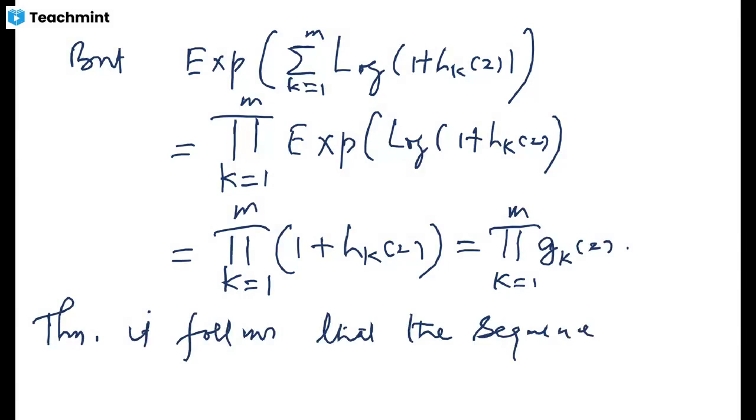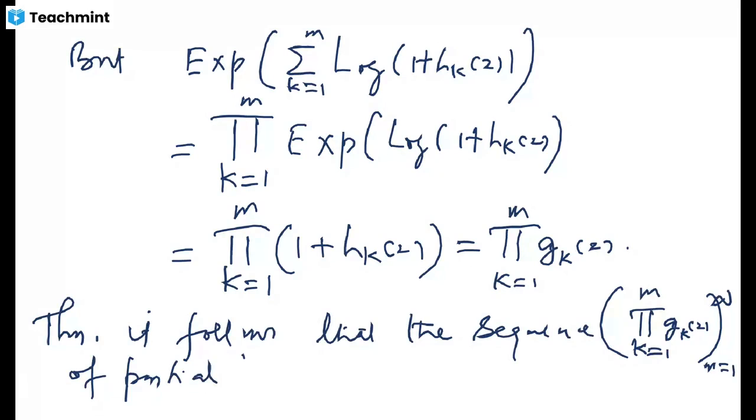Okay, so thus it follows that the sequence of partial products, k from 1 to m of gkz, changing m from 1 to infinity, is uniformly convergent.